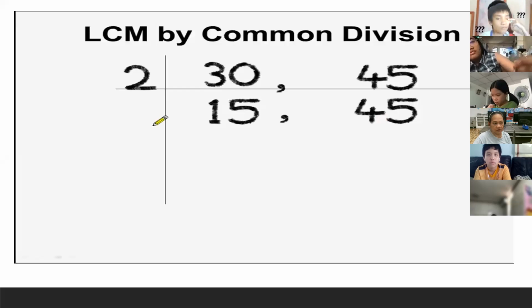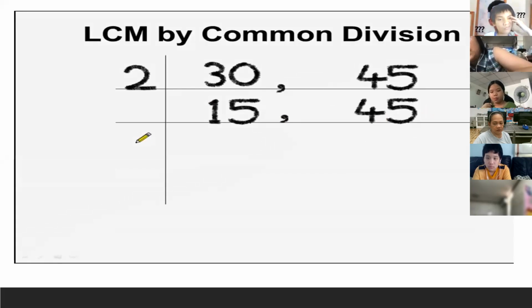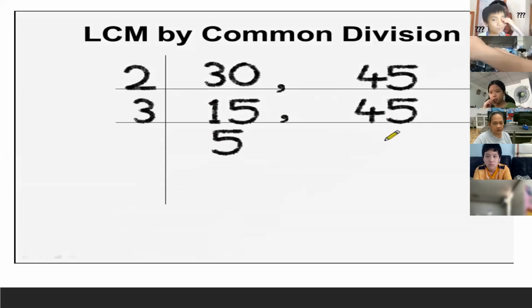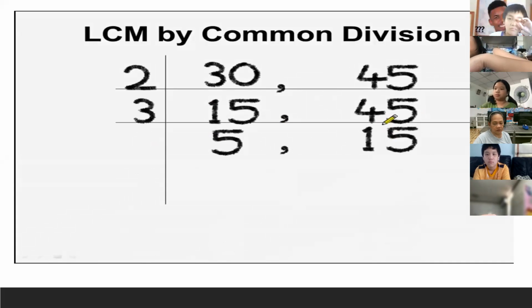Next, we can try 3 because these two numbers are odd and 3 is the least odd prime number. 3 5s are 15 and 3 15s are 45.